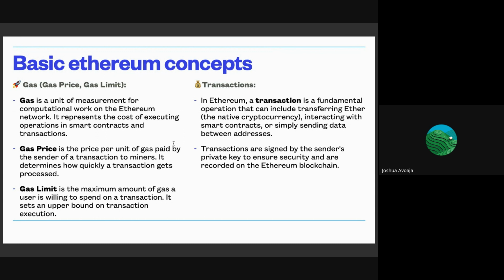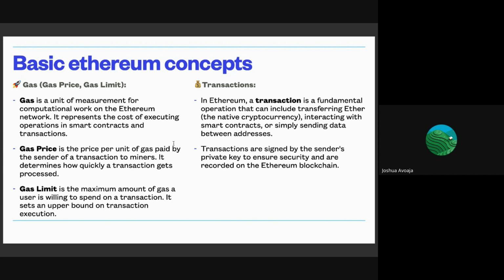So gas is the unit of measuring computational work on the Ethereum network. So it's basically the cost of executing transactions. If any of you have interacted with a blockchain wallet before, when you try sending out tokens or interacting with smart contracts, there are specific fees you're supposed to pay to the validators on the network, and those fees are charged in the native token of the blockchain.